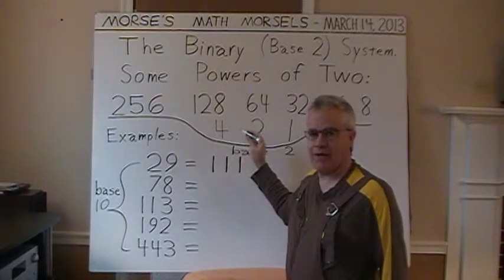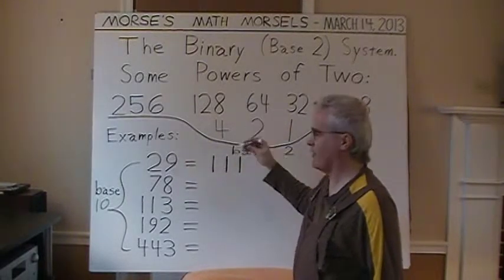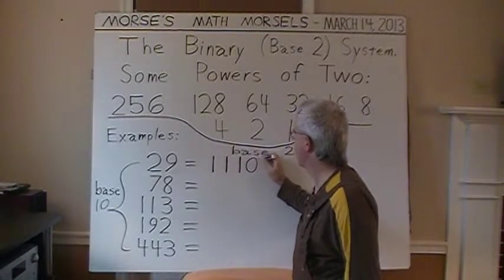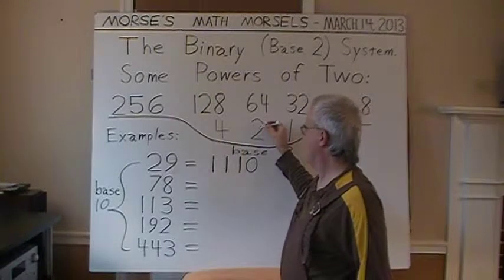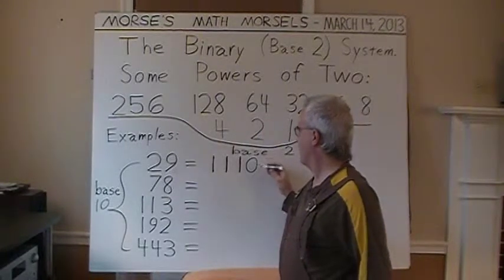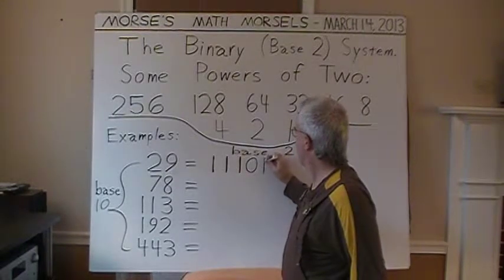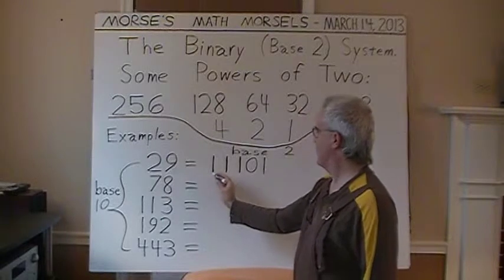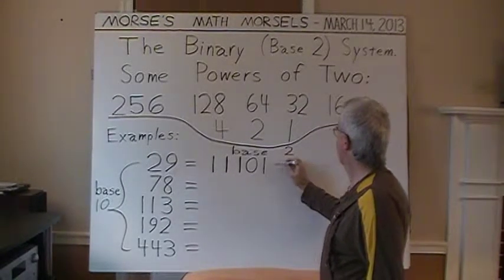Taking 4 from 5 leaves only 1. Can the number 2 fit into the 1? No, it cannot, so we need a 0 as a placeholder. We cannot use the 2 because the 2 will not fit. Finally, the 1. We have 1 left. Hence, 29 base 10 equals 11101 in base 2.